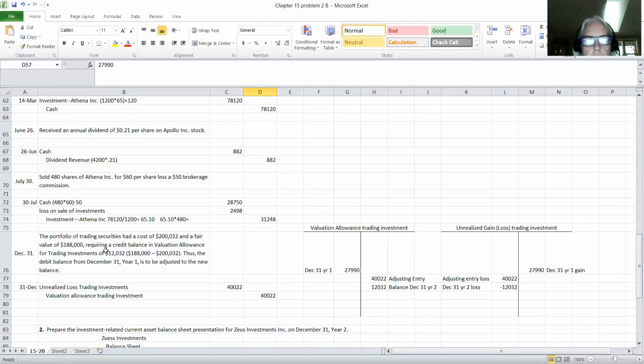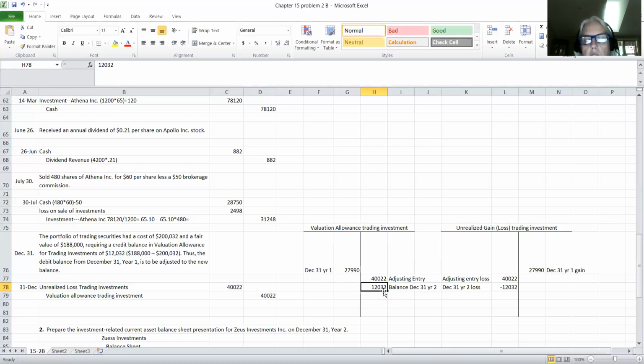So what they've done basically is they've told you, because the difference between the fair market value and the cost is a loss amount, it's a negative amount, our allowance for trading investments would have to reflect that negative amount. And so do you see here where I've put in the balance at $12,032? What we don't know right now is the adjusting entry amount, but we do know that last year the valuation allowance had a debit balance.